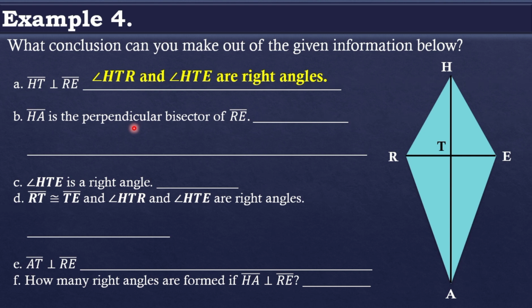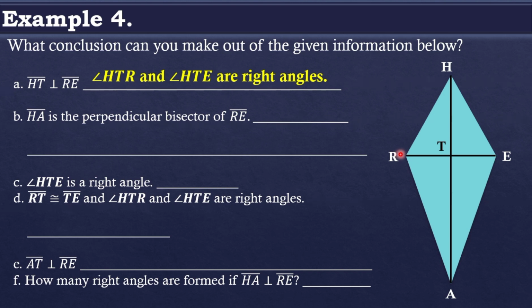Next, HA, ito si HA, is the perpendicular bisector of RE. So, pag sinabi nating perpendicular bisector, aside from perpendicular sila, it divides these segments into two congruent segments. Okay? So, unang-una dyan, since bisector, automatic, these two are congruent kasi bisector siya.